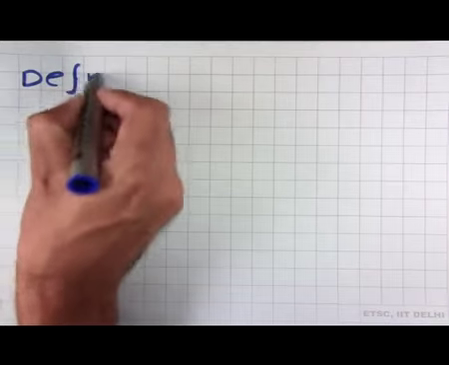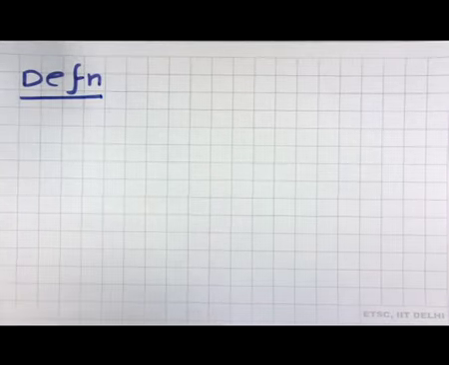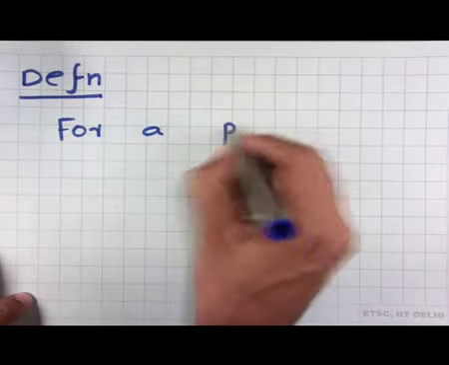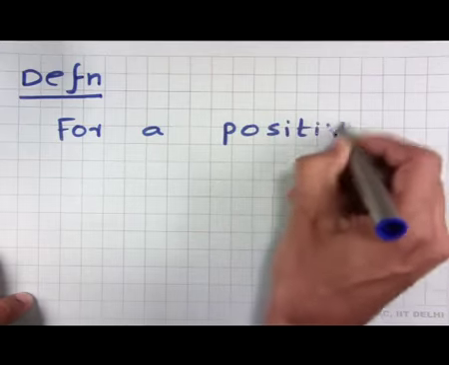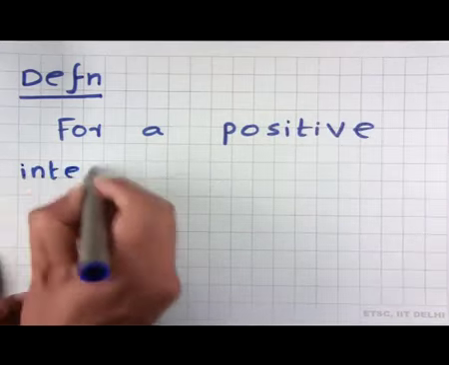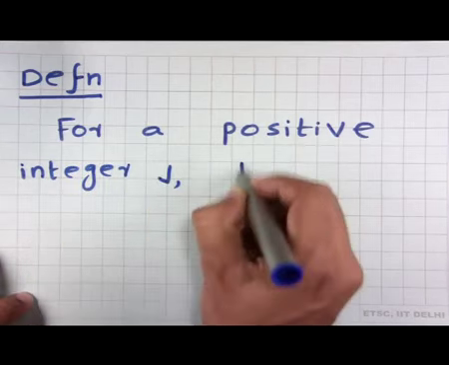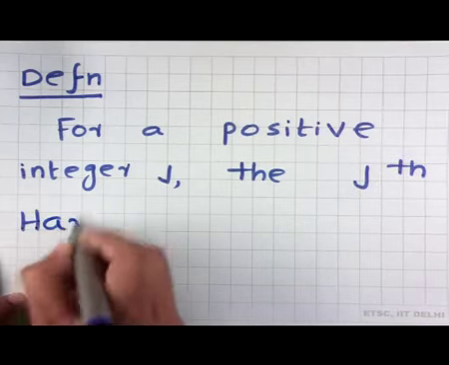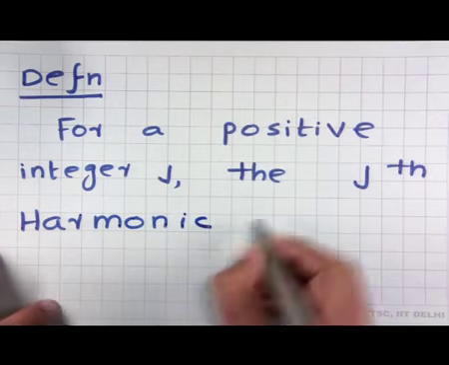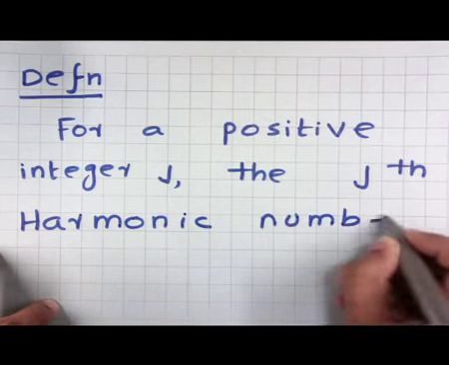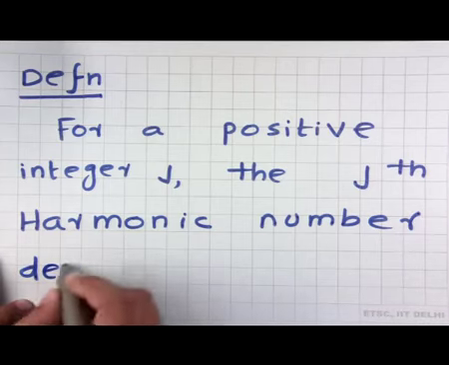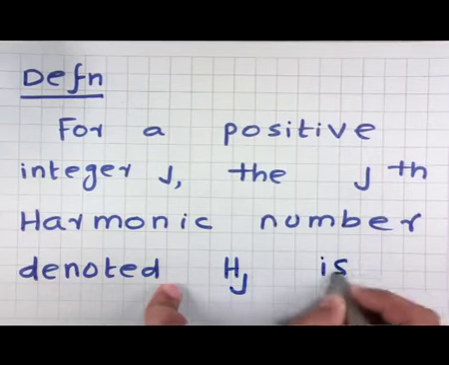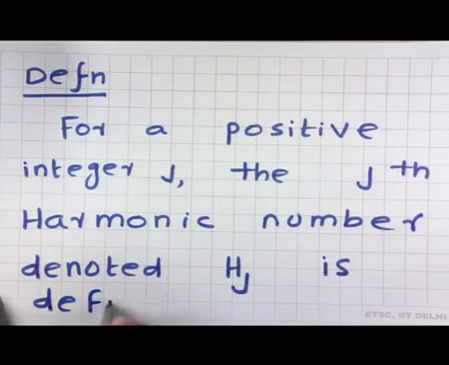As a background work for next example, let us have this definition. For a positive integer j, the jth harmonic number, denoted by h suffix j, is defined as follows.